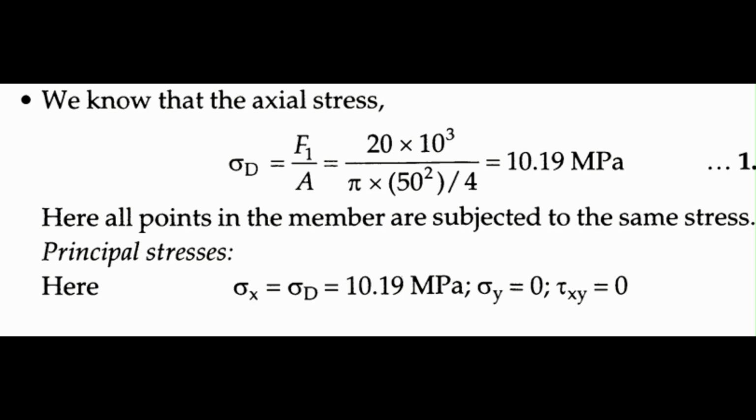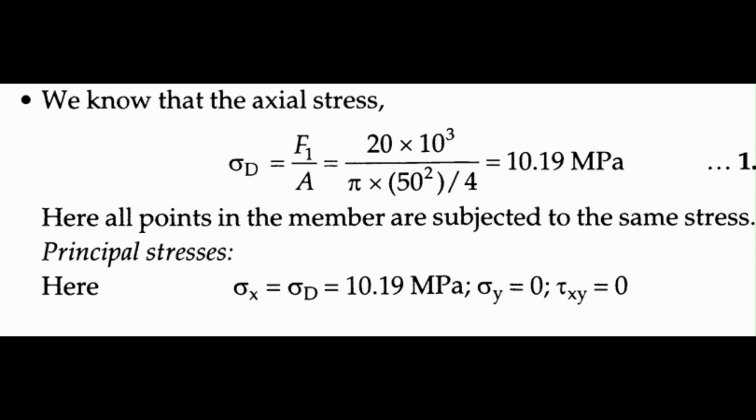This is a circular cross-section cylinder, so area of circle is pi d square by 4. We have d as 50 mm. You have to put it in mm in order to get megapascal. So 10.19 Newton per mm square is the answer, which is the same as 10.19 megapascal.